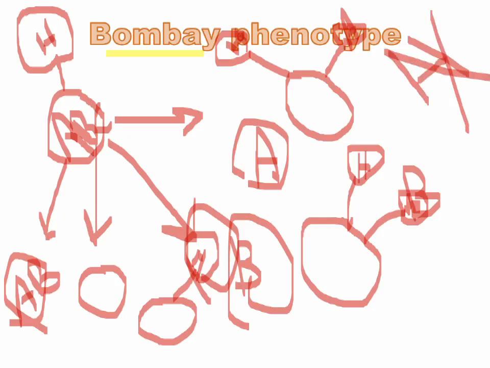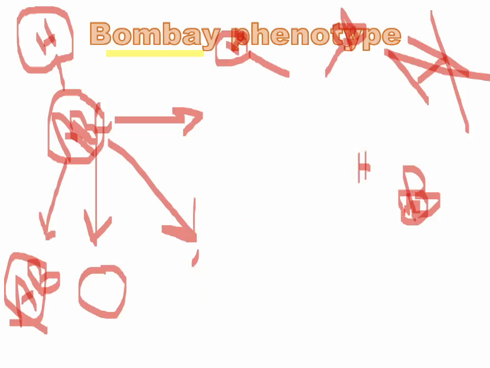So, if you don't have the H antigen, do you expect having the A antigen or the B antigen? No. Since you don't have the precursor, you don't have the building block, you will not have the A or the B antigen.